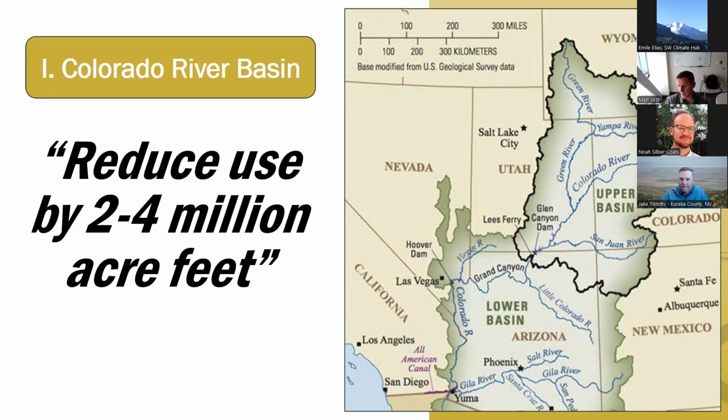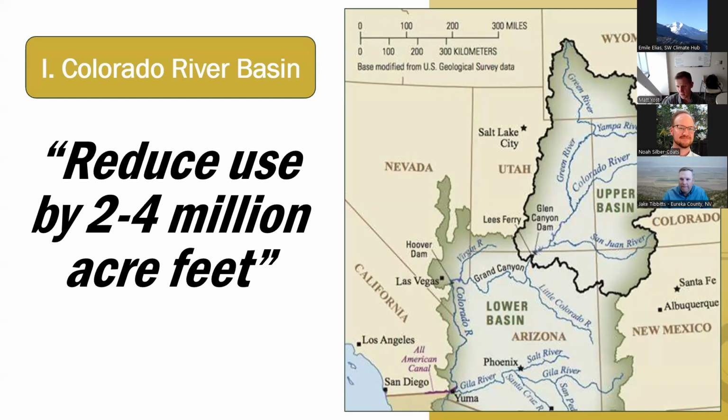There are complex compacts that govern how the water is used in these basins. They're set to be renegotiated in 2026, but in 2022, the Bureau of Reclamation put some emergency measures in place to say that plans needed to be made to reduce water use to maintain the viability of those two reservoirs as we got to those 2026 compacts or new compacts.